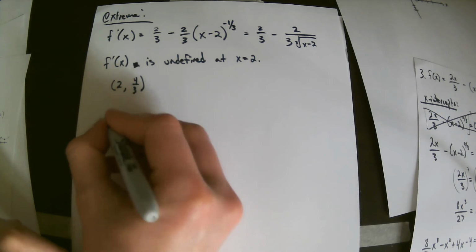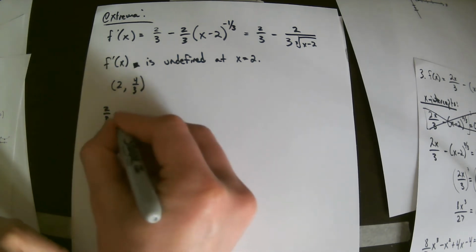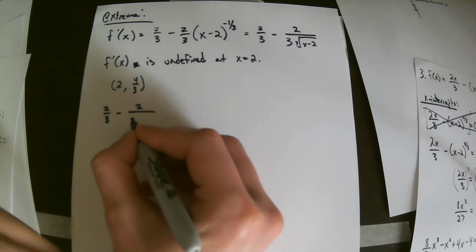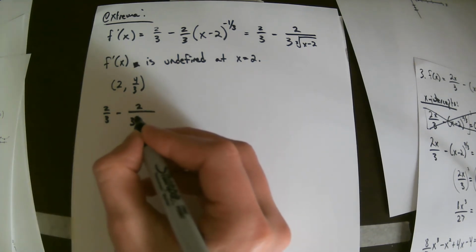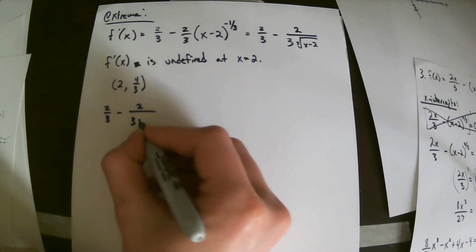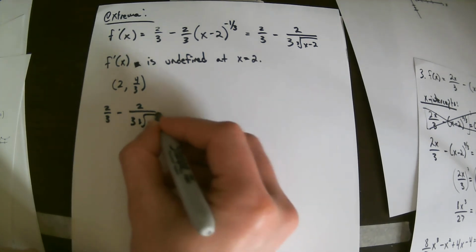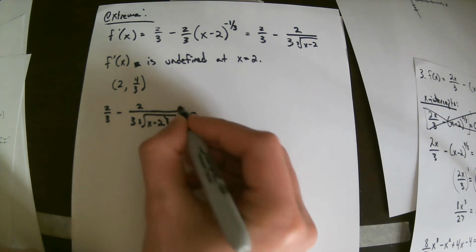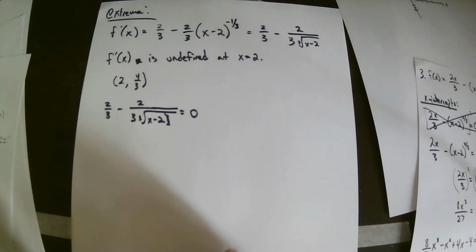Where is f prime of x equal to 0? 2/3 minus 2/3 over cube root of x minus 2 equals 0. Where is this thing equal to 0?